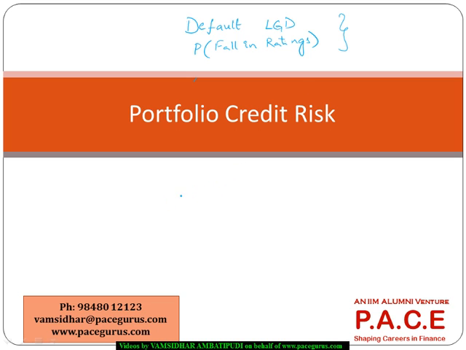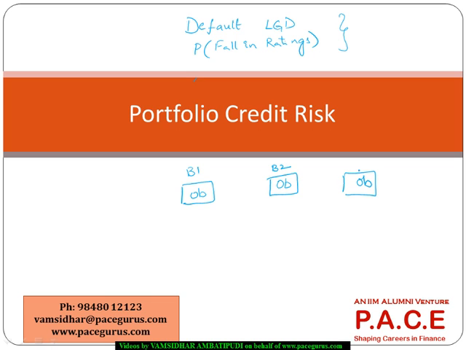looking at, okay, let's say this is one obligor and this is the other obligor. Probably it's like borrower 1, borrower 2 and borrower 3.